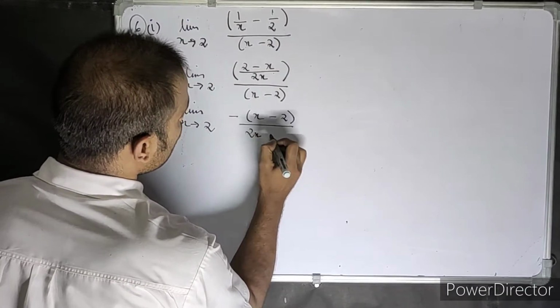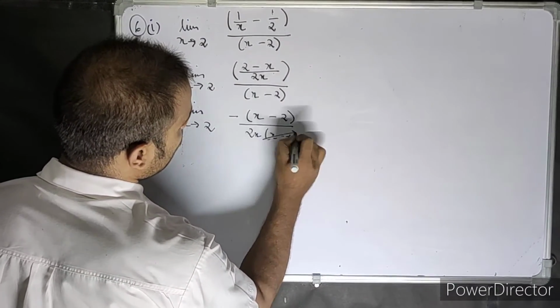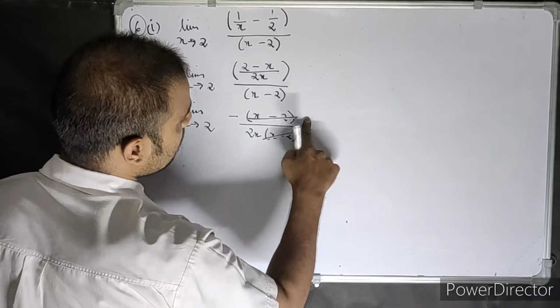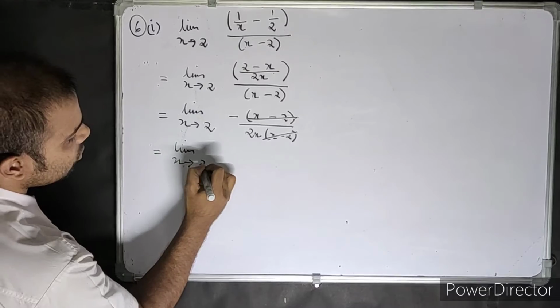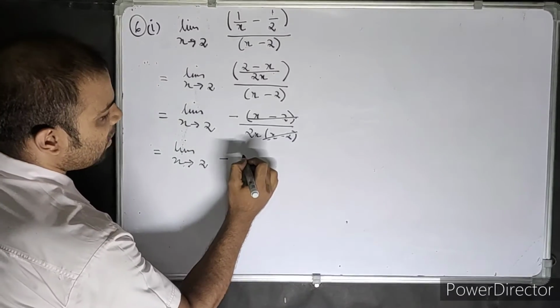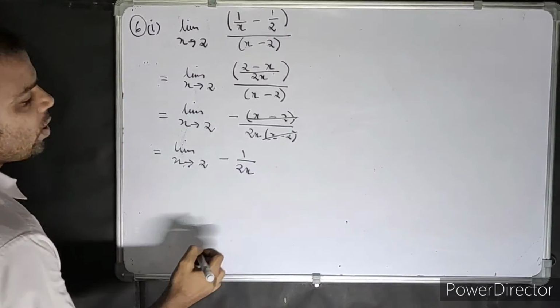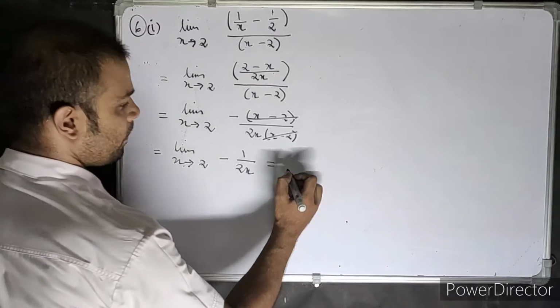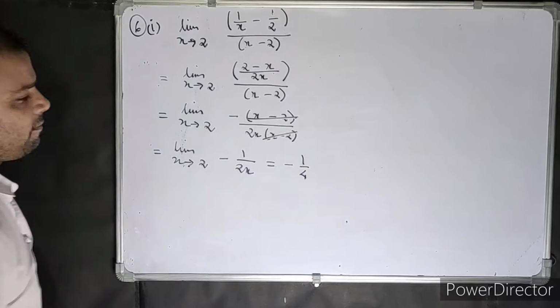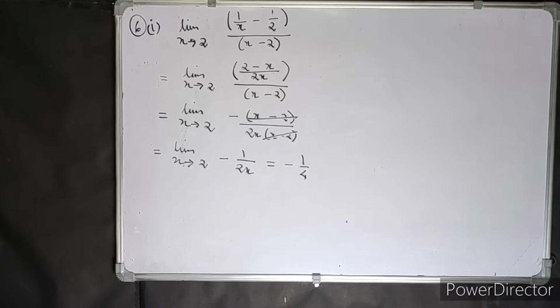Divided by 2x, x minus 2. Cancel them out. You're left with the limit of x tends to 2 of minus 1 by 2x. So that's simply minus 1 by 4. Put the value of 2, and you will get minus 1 by 4.